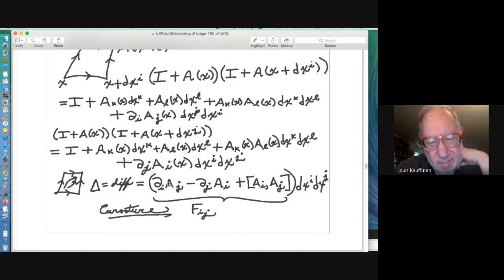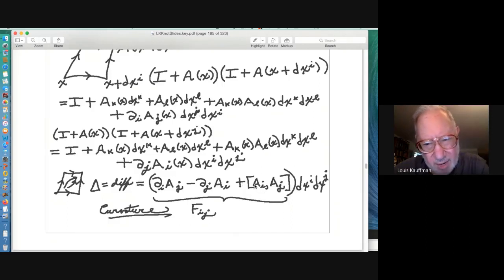And so what I end up with is D_i A_j minus D_j A_i plus the commutator of A_i with A_j. And that is the generalization of the field that corresponds to the curvature of a gauge field. And that is what is regarded as the physical field.